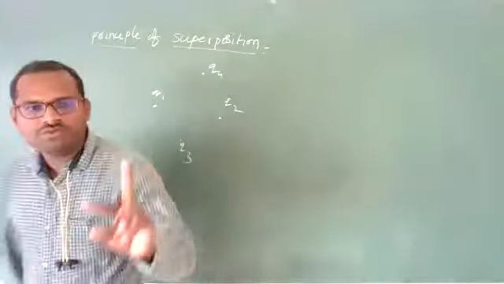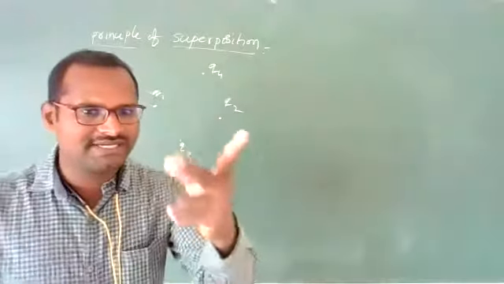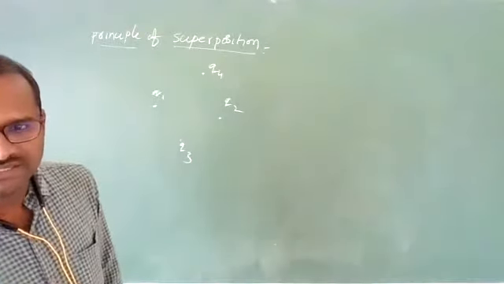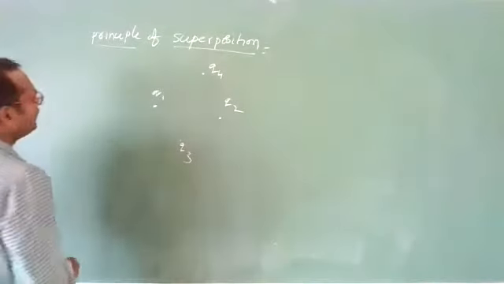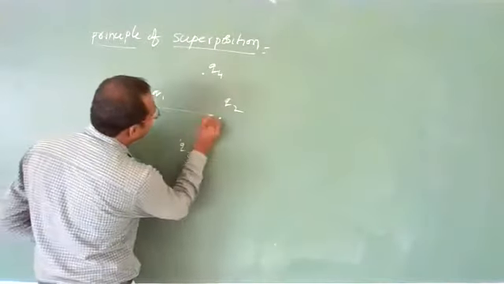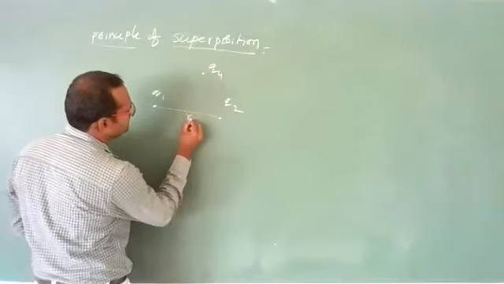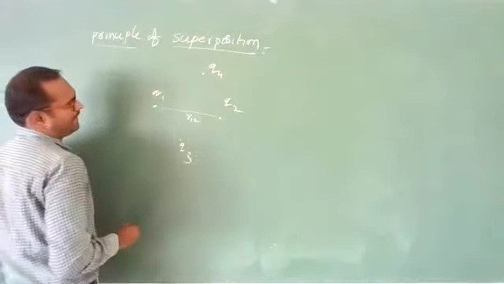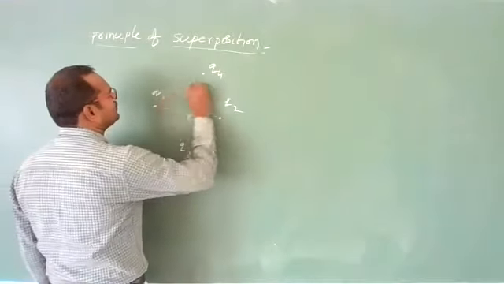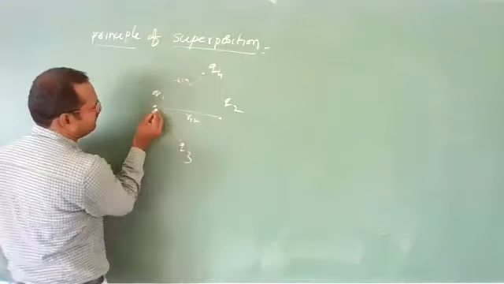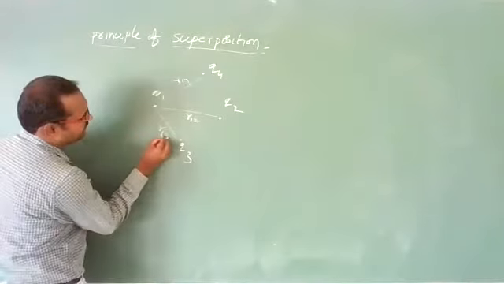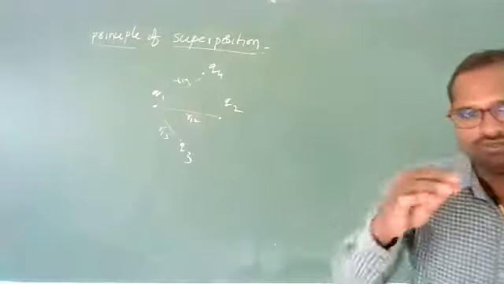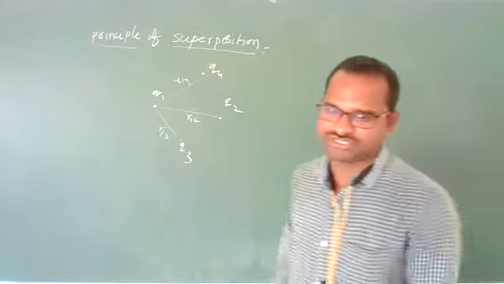Now between any two charges, an electrostatic attractive or repulsive force will be there. Let us suppose the distance between Q1 and Q2 is R12, between Q1 and Q3 is R13, and between Q1 and Q4 is R14.